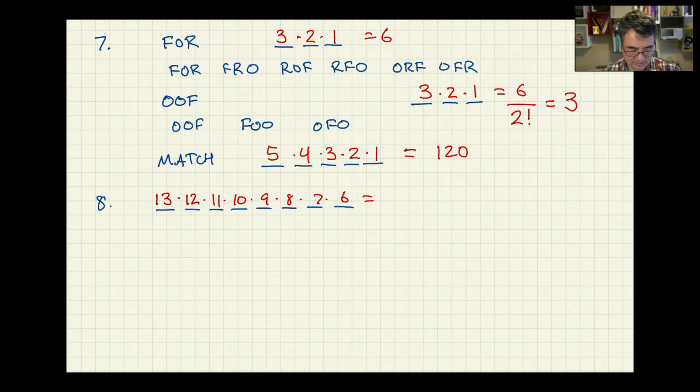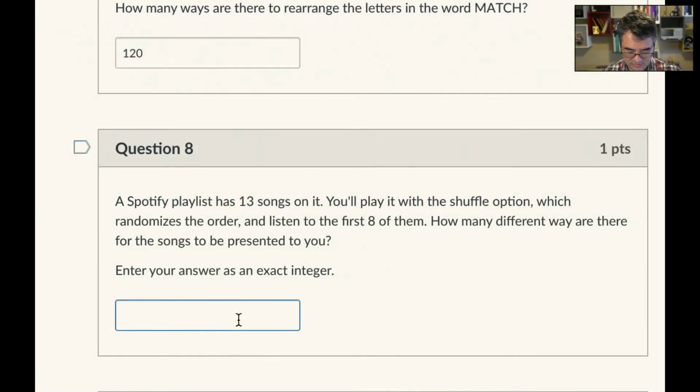Let me go ahead and do that. 13 times 12 times 11 times 10 times 9 times 8 times 7 times 6 is 51,891,840. So that's the answer we would enter here.